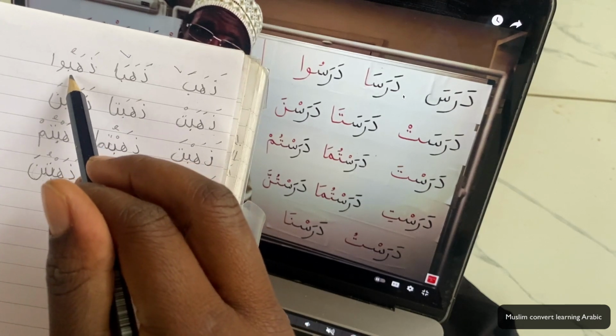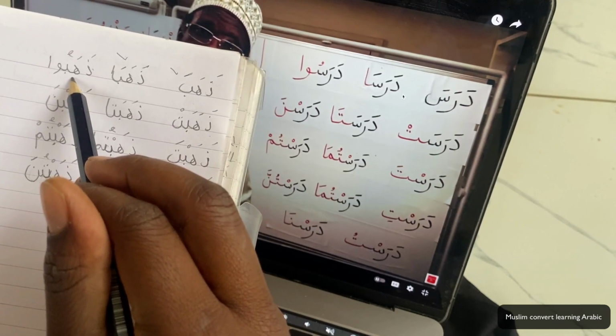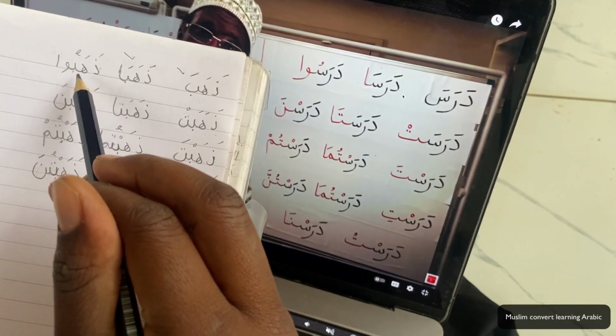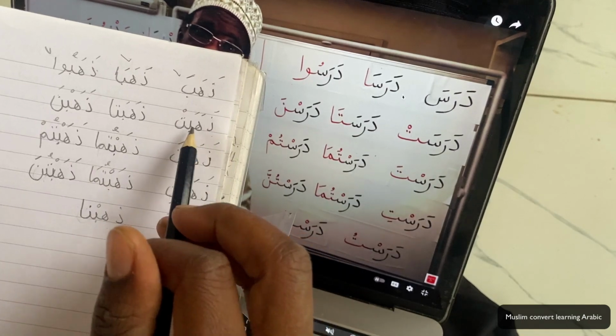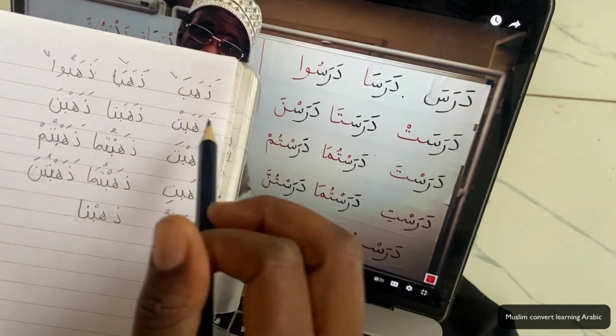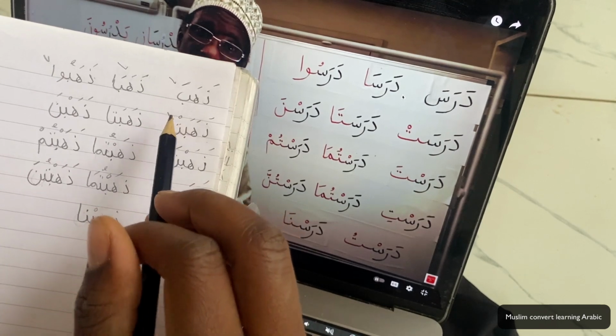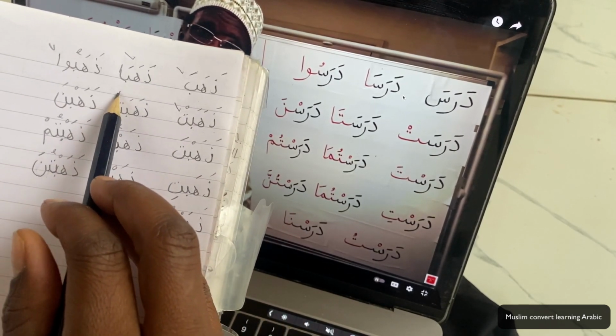Dhahabu, correct. So the conjugation basics are the same. It's just the ending that differs depending on the word. So darasa, dhahaba, you just compare which are the root letters and then the addition to add to make it past tense.